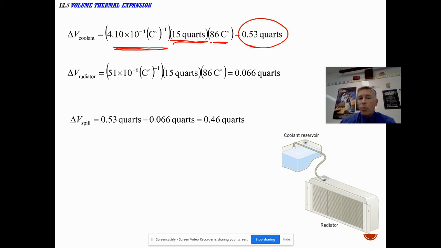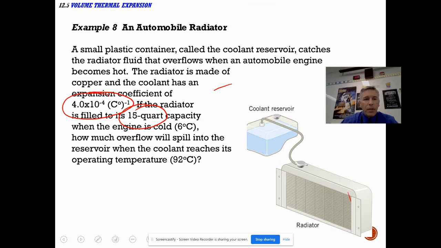Now you have to realize the radiator is also made of material. So we're going to have to look up what it's made out of. And it's probably going to be made out of steel. Nope, this one says a small plastic container. Nope, that's not what we're talking about. So the radiator itself is going to be made out of steel.